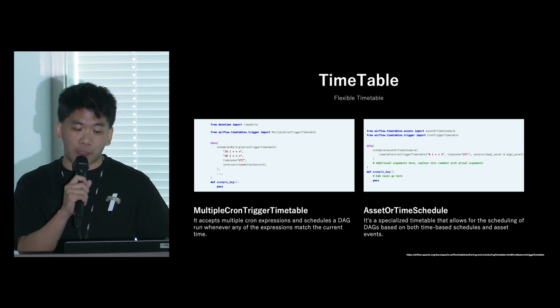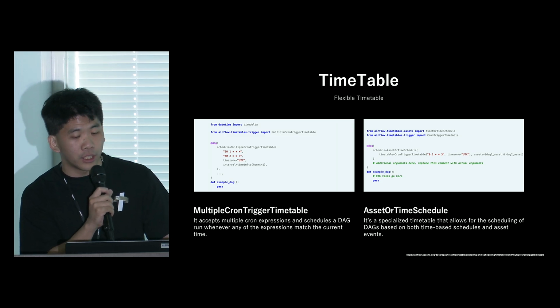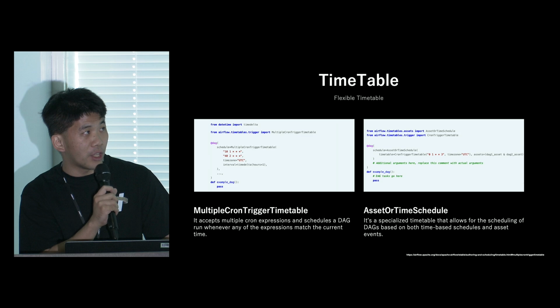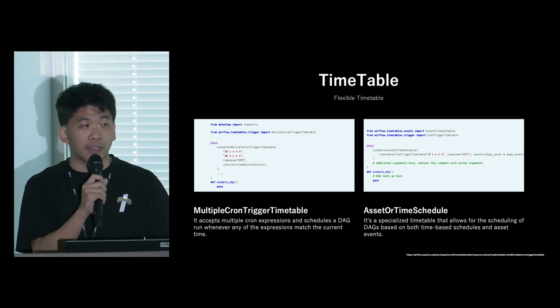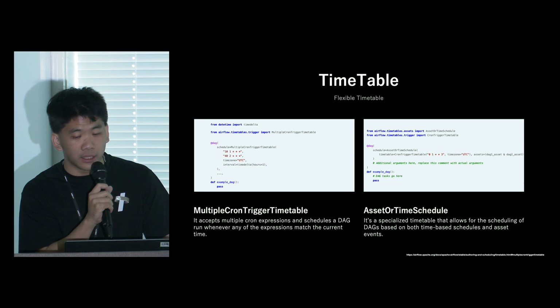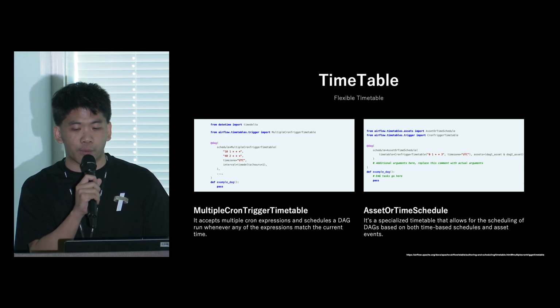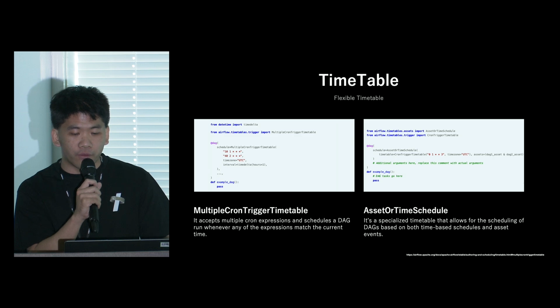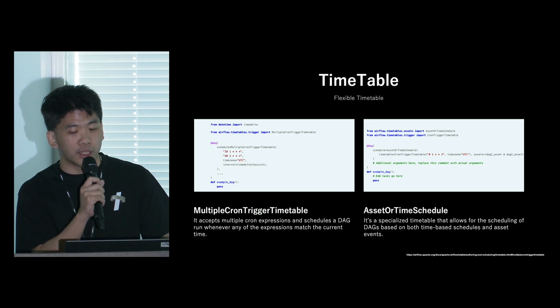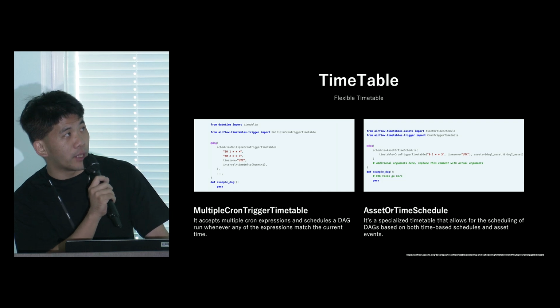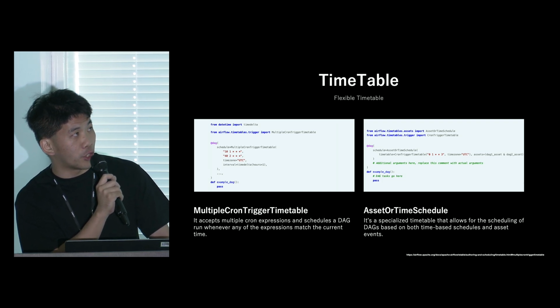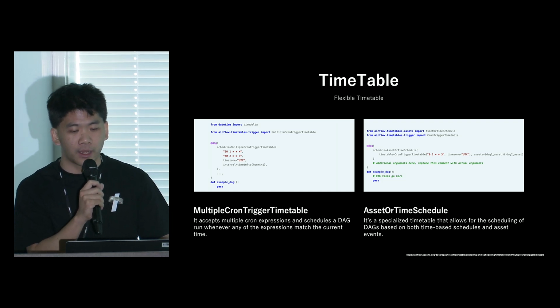In Airflow 3, for timetables, I'll highlight two new usages. One is the multiple trigger timetable, which takes multiple cron expressions and schedules a DAG run whenever any of the expressions matches the current time. So you can see in the left picture there are two cron expressions.